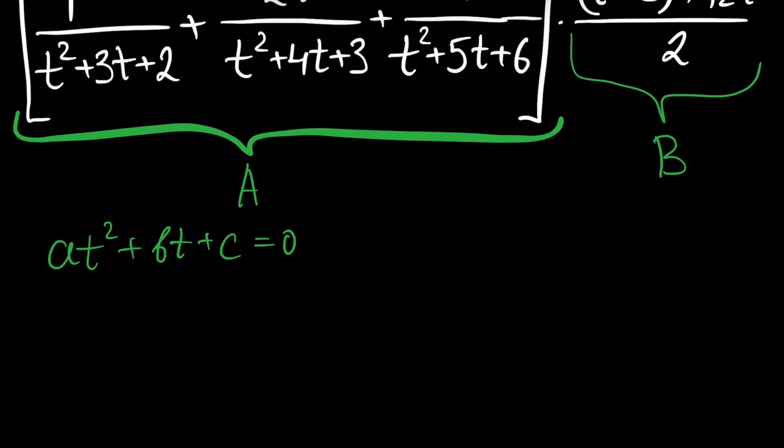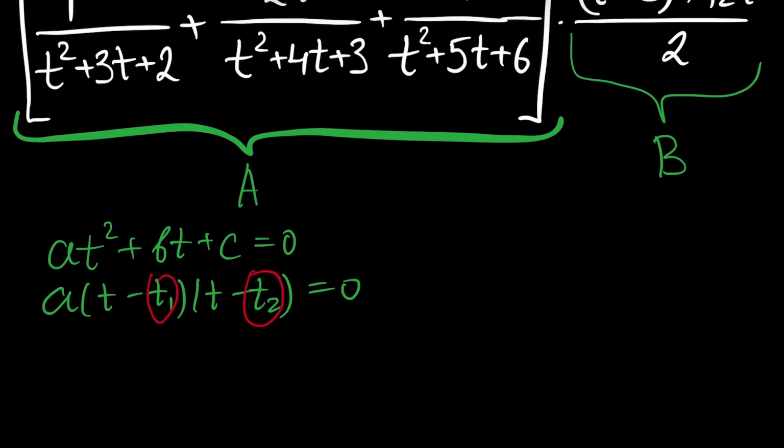It can be represented as a times (t minus t1) times (t minus t2) equals 0, where numbers t1 and t2 are the roots of this equation.